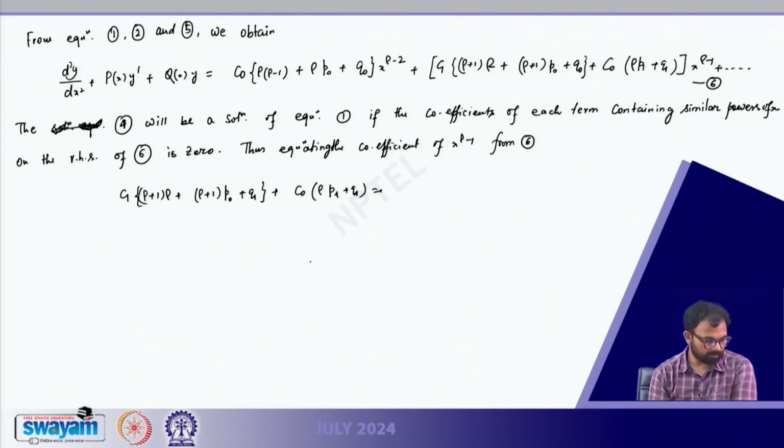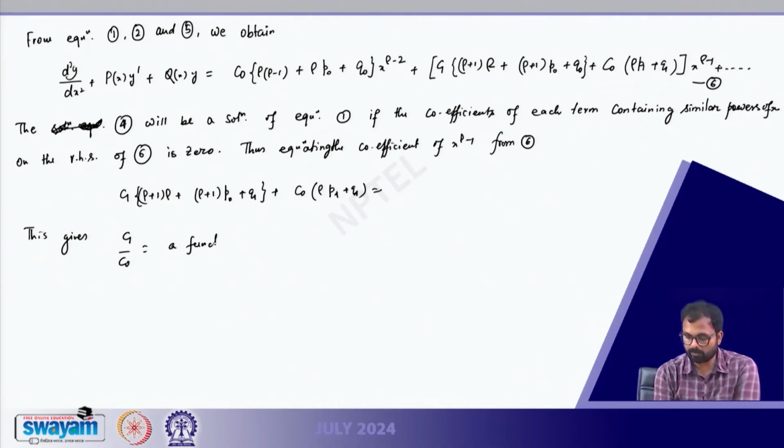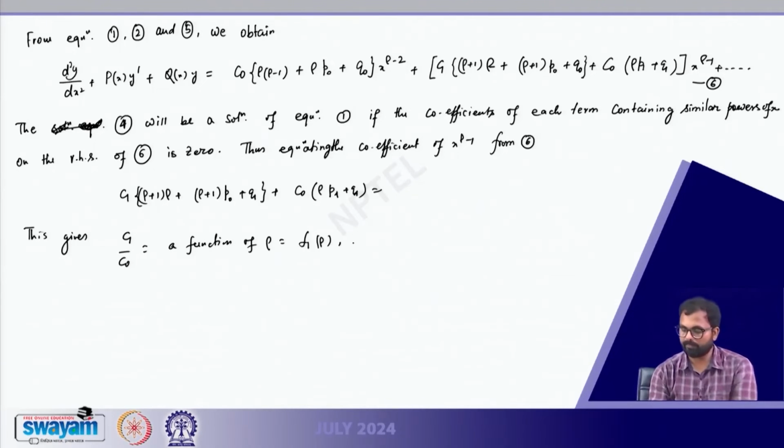So, from here we will get C1 by C0 as a function of rho, that means F1(rho), say.